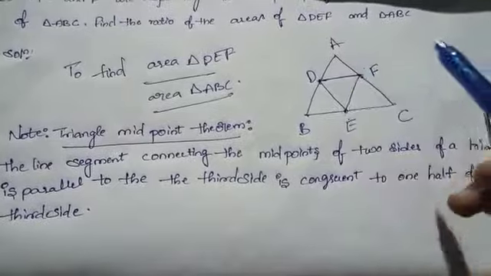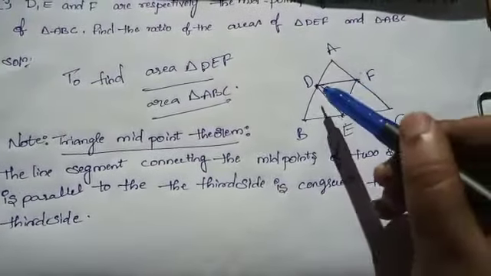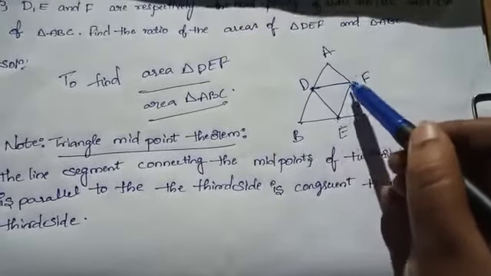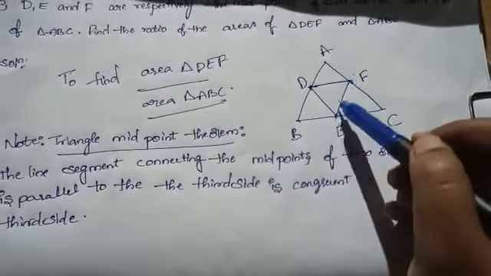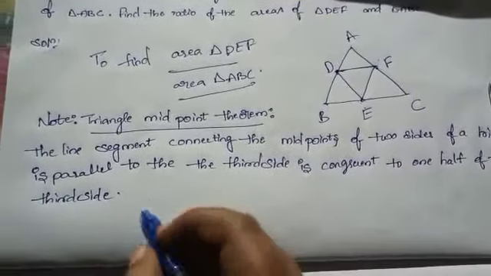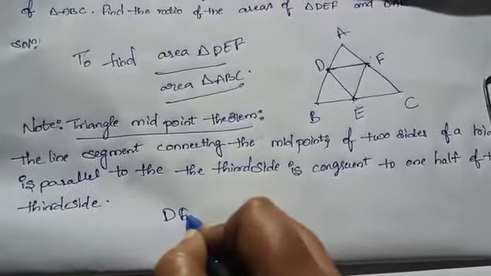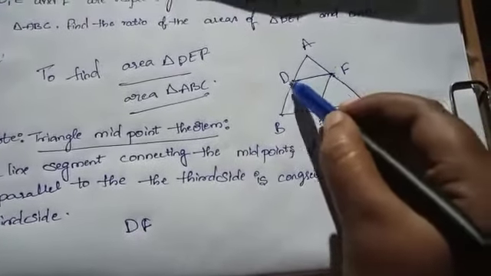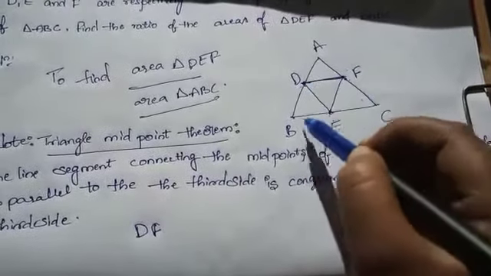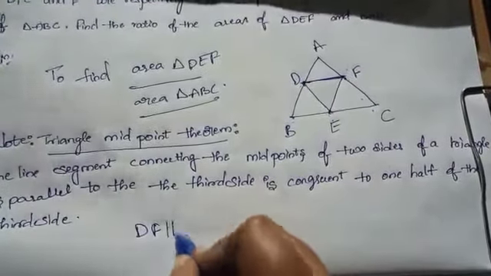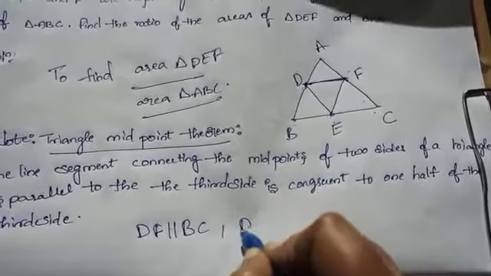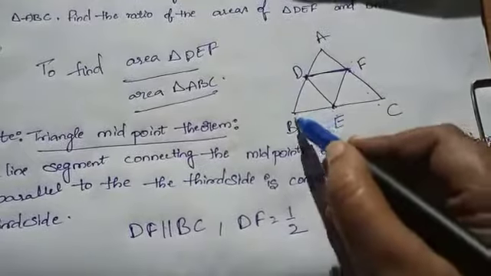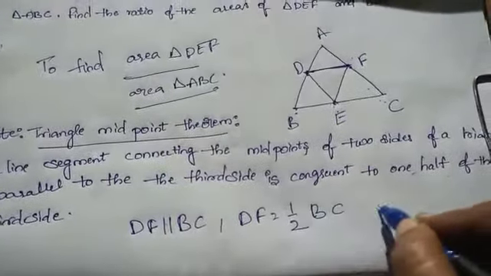Here the line segments connecting midpoints are DF, EF and DE. So DF is connecting midpoints of two sides AB and AC. So it is parallel to the third side BC and DF is equal to one half of the third side BC.